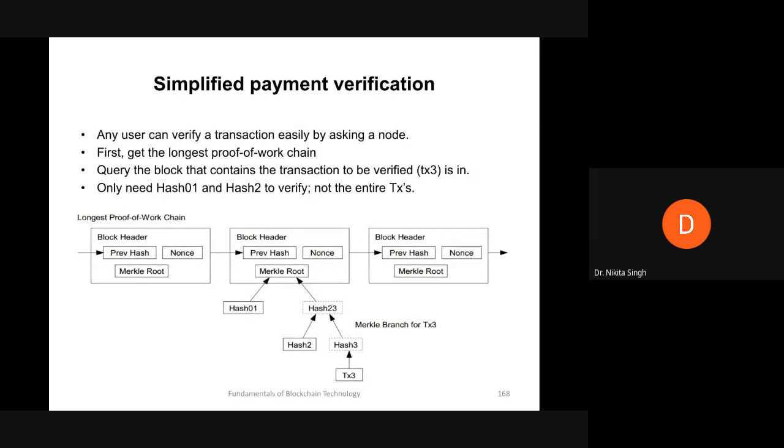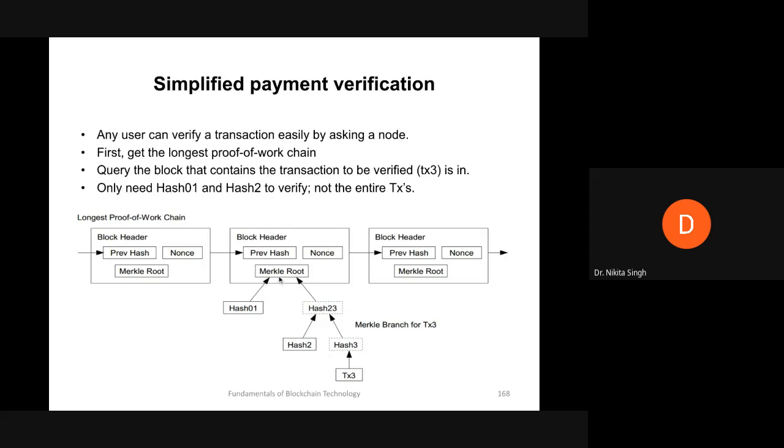Then we are talking about simplified payment verification. Since we are hashing transactions, a Merkle tree is a form of tree which also allows you to verify transactions. So if you want to verify a transaction, say TX3, you do not have to go through the entire number of transactions present in your block.